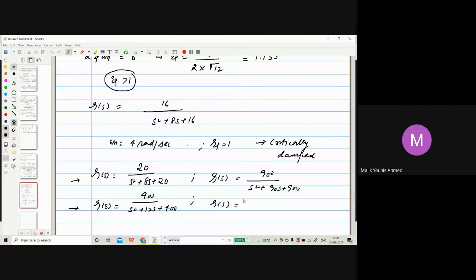Then g of s is 225 divided by s square plus 30s plus 225.